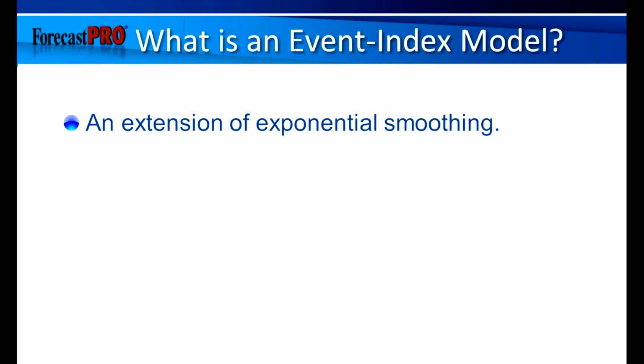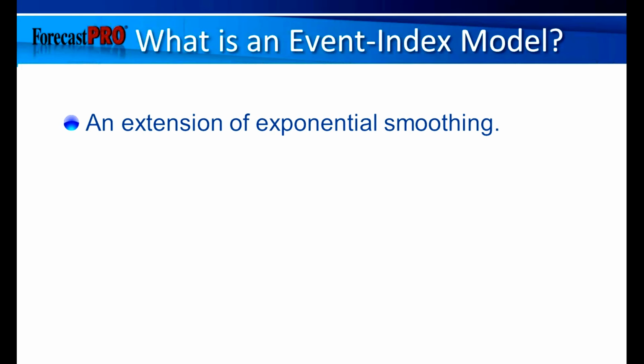The idea behind exponential smoothing is that historic data is made up of data components, so level, seasonality, and trend. Exponential smoothing estimates these components in the historic data and forecasts by extrapolating them into the future.